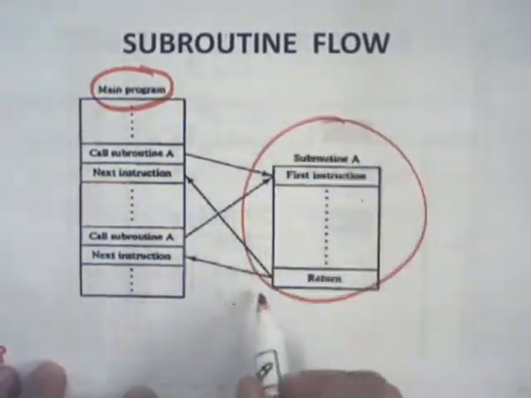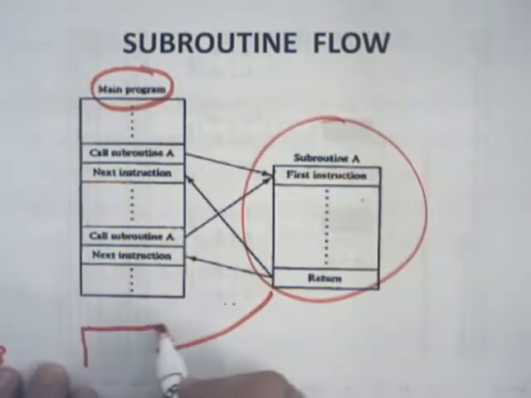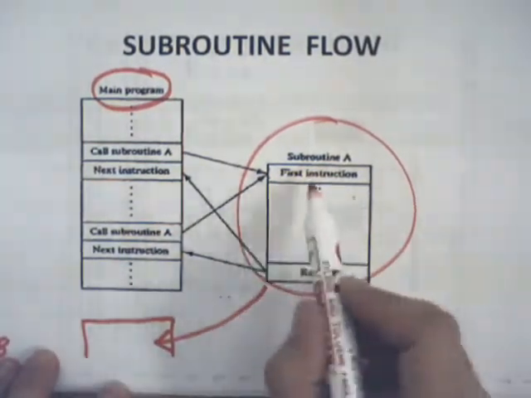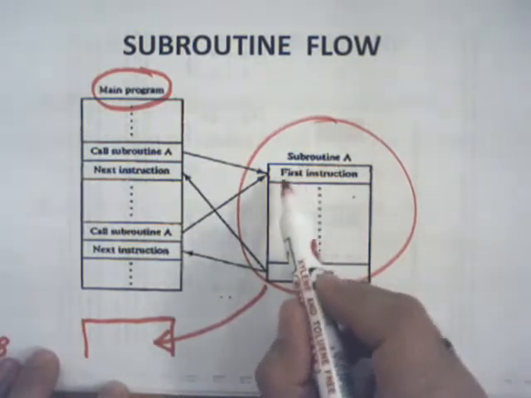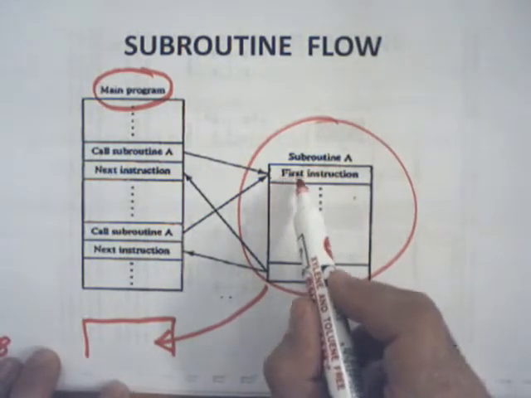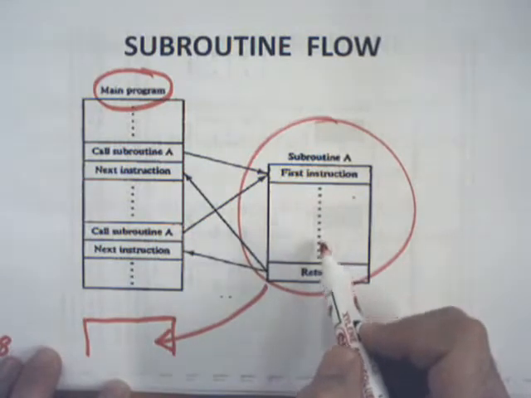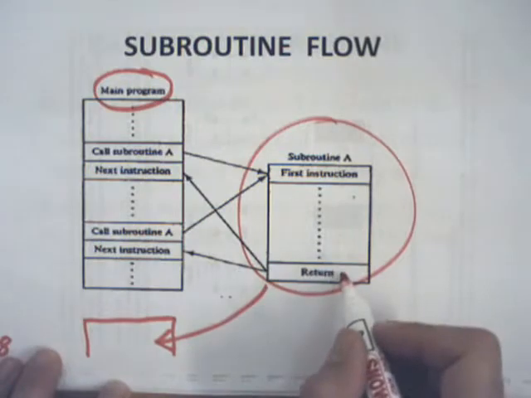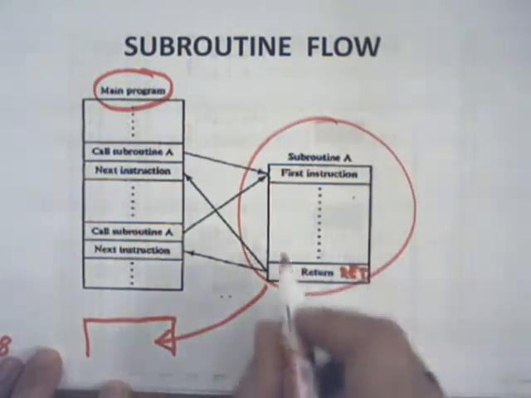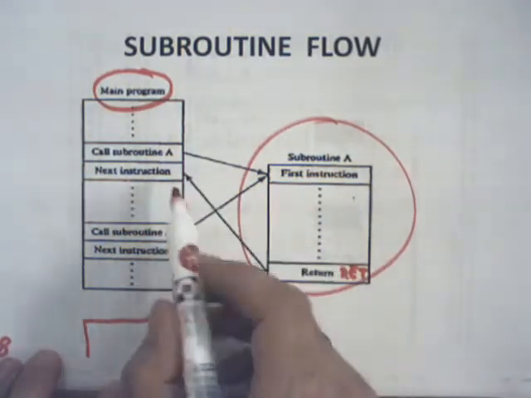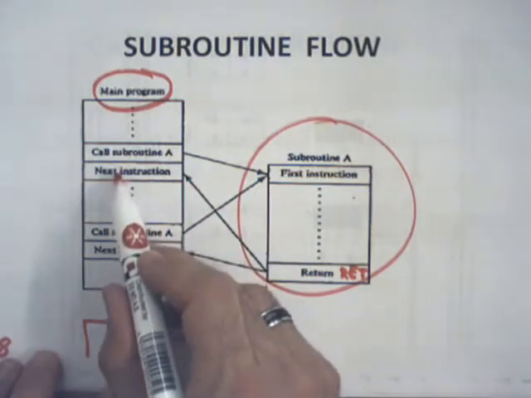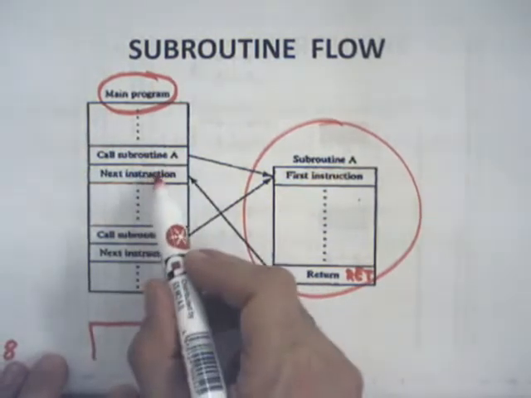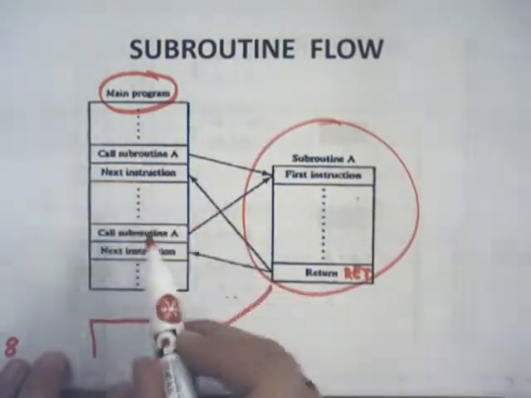Normally this part is here, because we have only 1 column of computer program writing. This program, sequential programming, executes the first instruction and continues till it hits the return, or ret, here, then returns back to the next line which had called this subroutine, and continues with the next instruction.